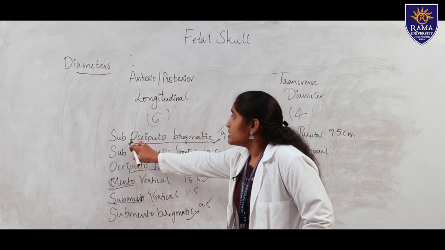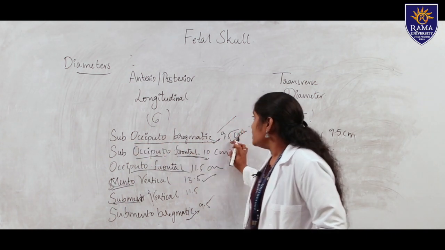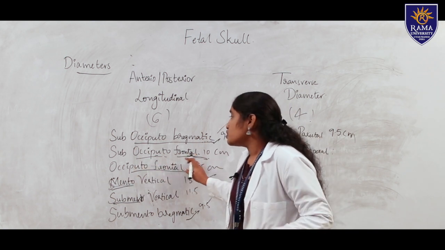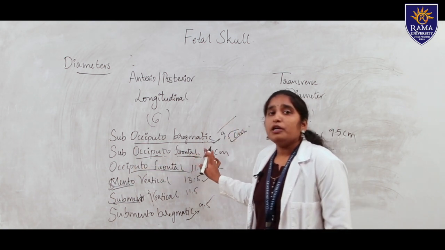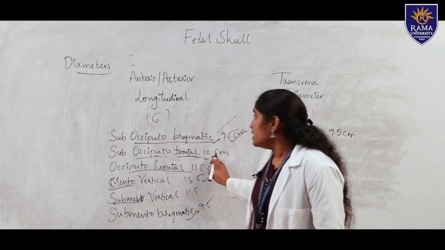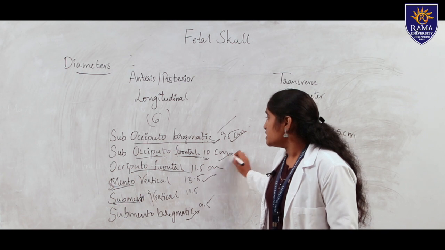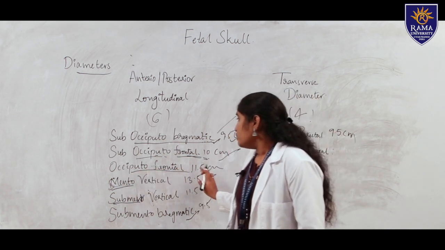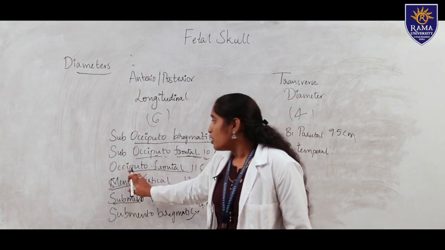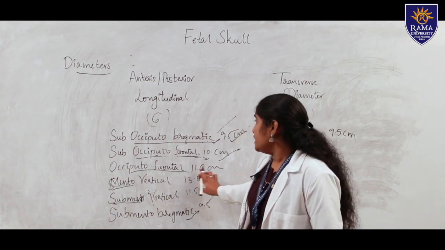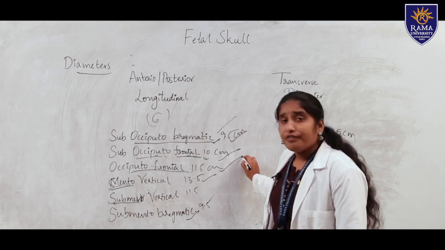Next one is suboccipitofrontal, from below the occipital protuberance to the center of the frontal suture. It measures about 10 centimeters. Then occipitofrontal, from the occipital bone to the center of the glabella. It measures about 11.5 centimeters.